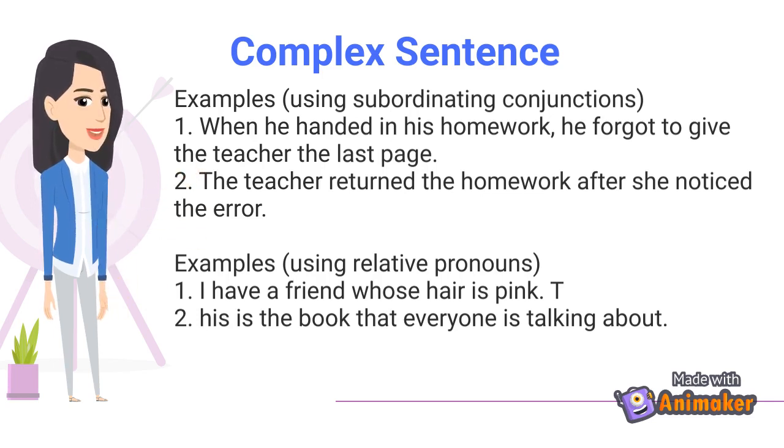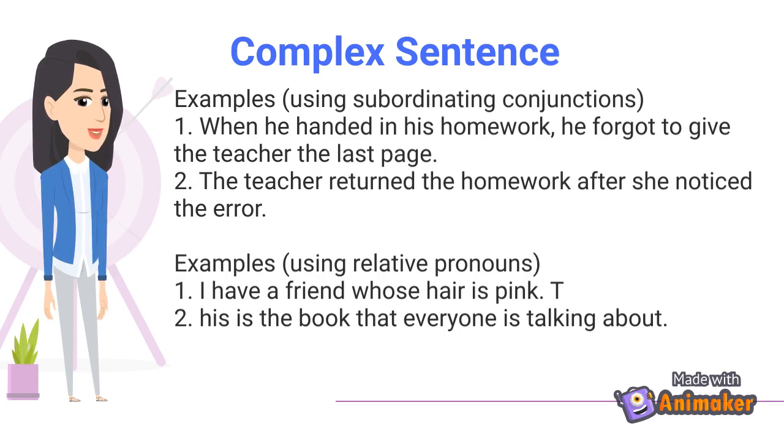And then the second examples are complex sentences using relative pronouns. The first one is: I have a friend whose hair is pink. We have an independent clause, I have a friend, and then a dependent clause, whose hair is pink.